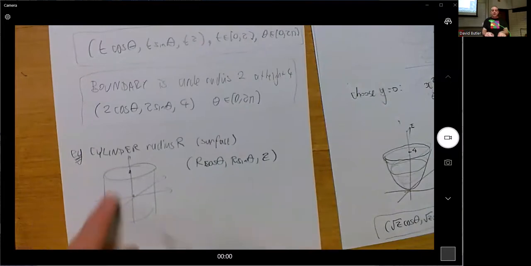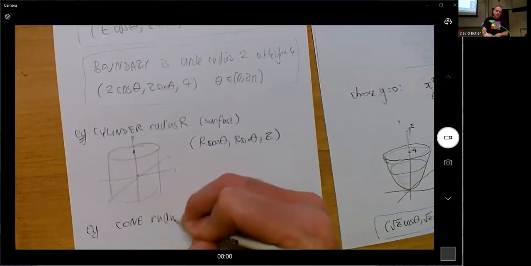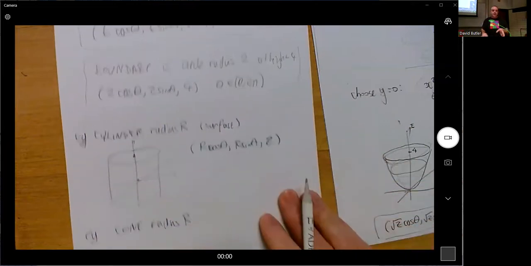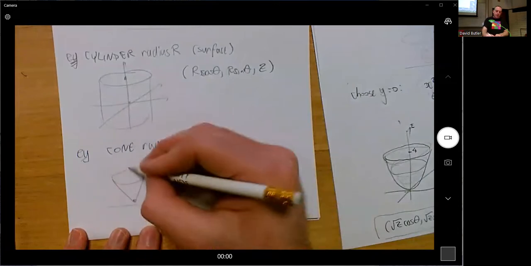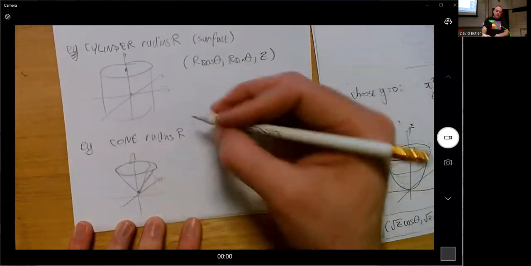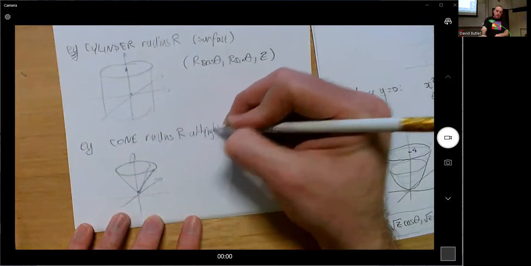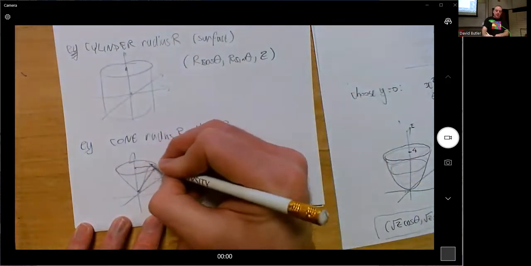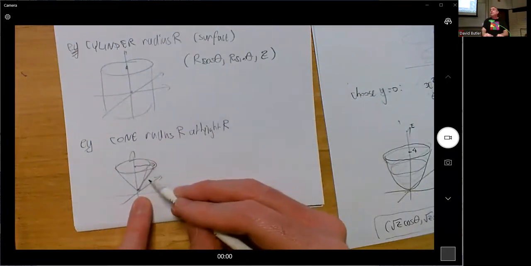And then you have to choose where the top and the bottom is. Whereas a cone, if the cone has radius r at height r, then the slope of this line is 1.